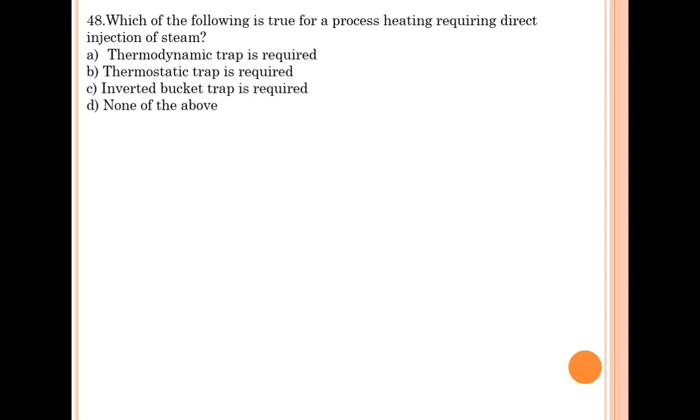The option should be D here, because thermodynamic trap, thermostatic trap, and inverted bucket, that is mechanical type of trap, all these things do not require direct injection of steam. So none of the above is the right answer.